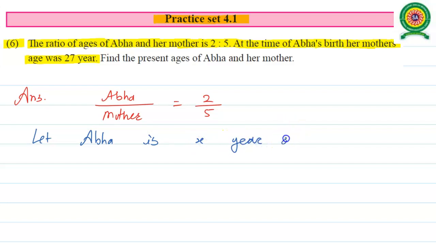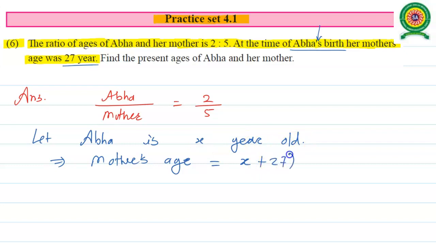At the time of Abha's birth, that means when Abha is 0 years old, her mother is 27 years old. So we can say that the mother is 27 years elder as compared to Abha. So the mother's age is X years older, so her mother is X plus 27 years old.